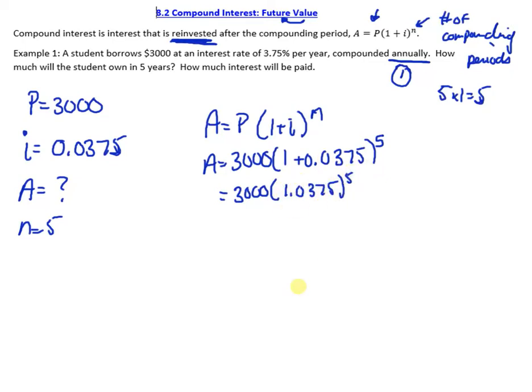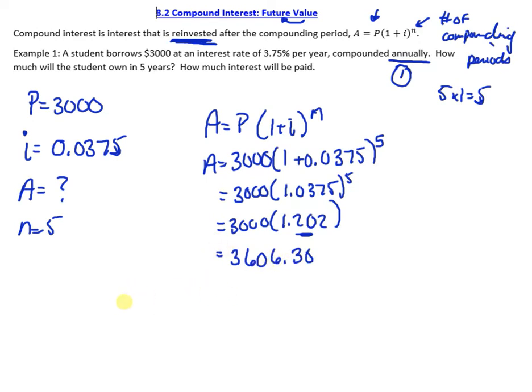Now we want to calculate this bracket raised to the exponent 5. 1.0375 to the exponent 5. Okay, I get 1.202. What this actually means is over the course of the 5 years, they're making just over 20%. So let's multiply that by 3,000. They're going to get 3606.30, let's round.